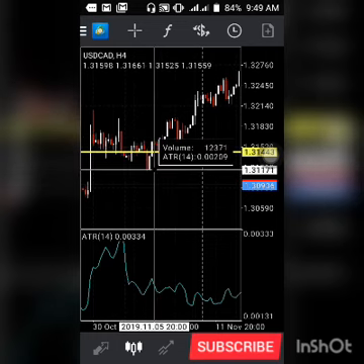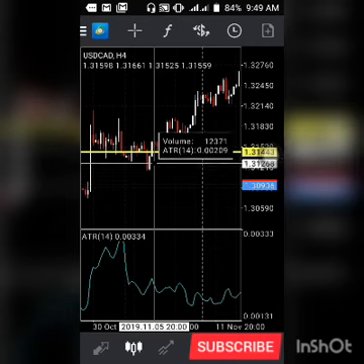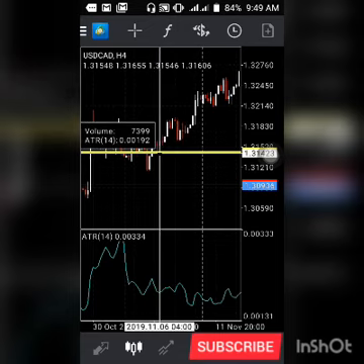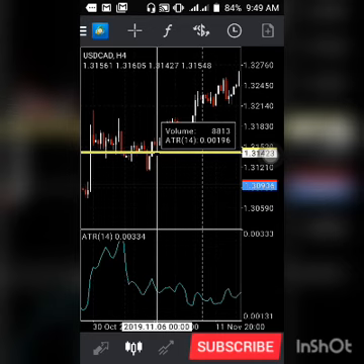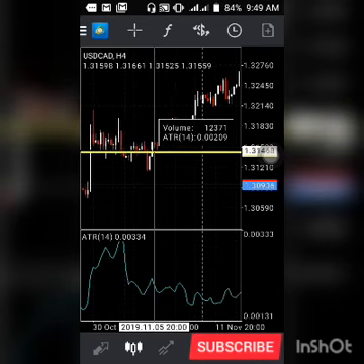At this point, it traded back to our opening point. That's the point at which the market opened on Sunday night. Between the 14th and the 15th candle, it traded back to that point.